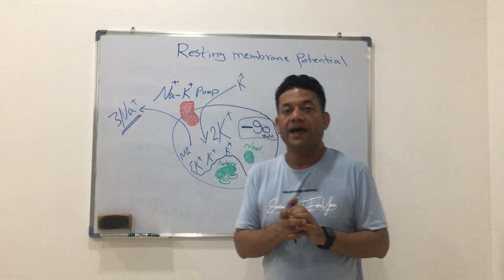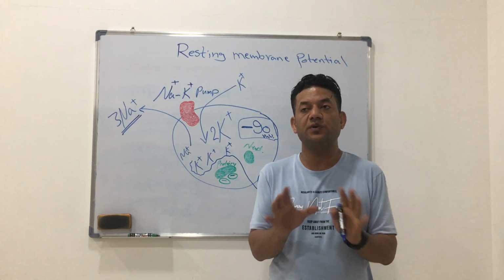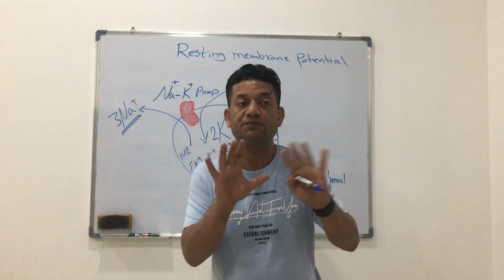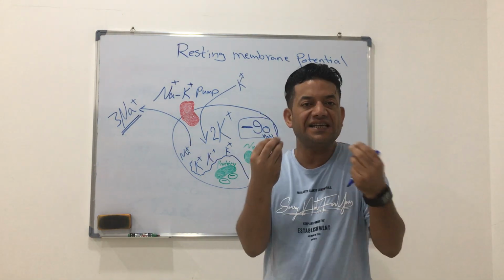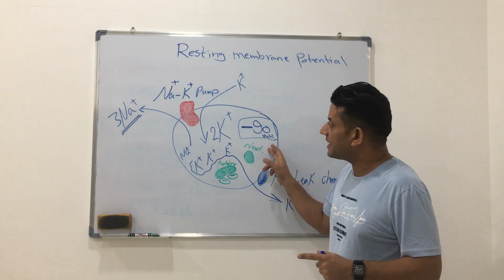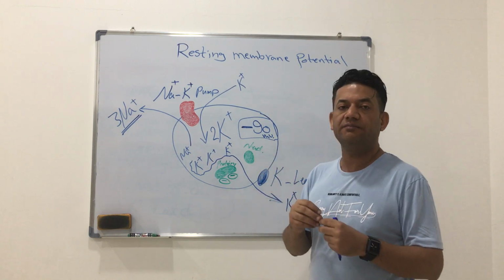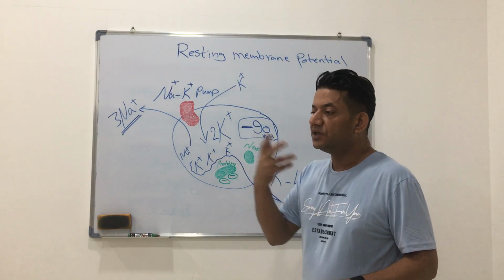So, at rest means without response to action. When the cell membrane is at rest, the inside of the cell membrane is at minus 90 millivolt charge.